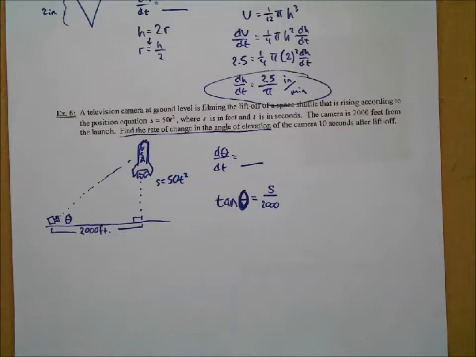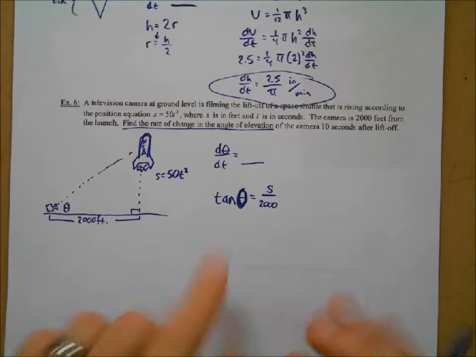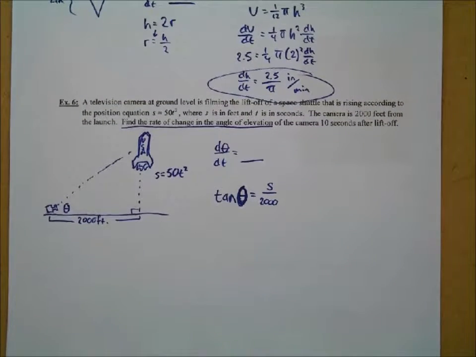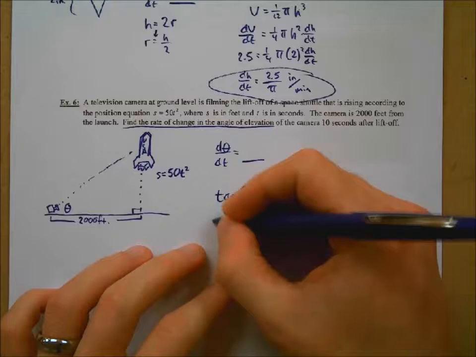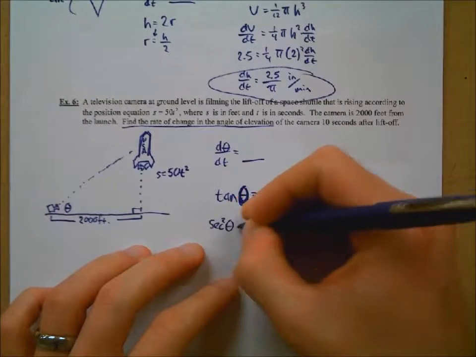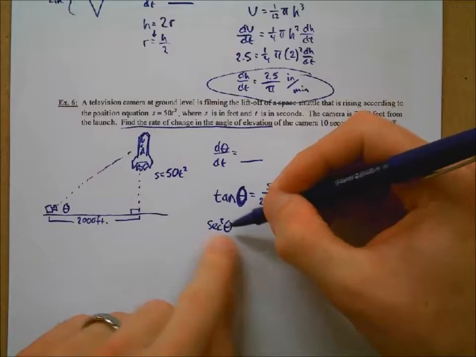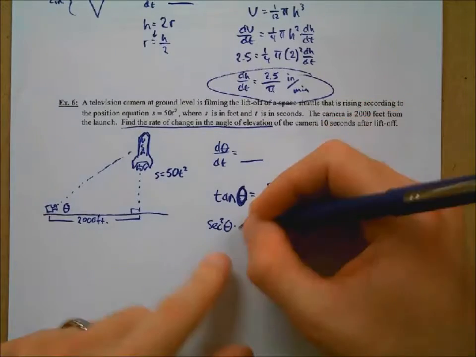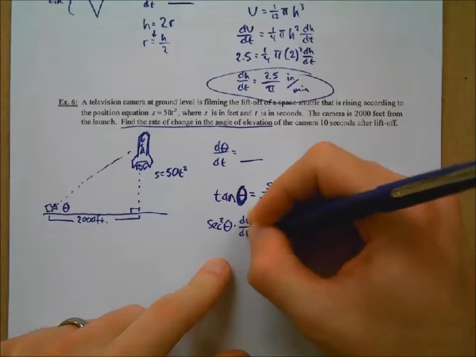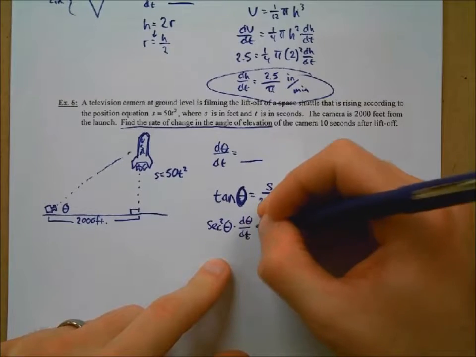Okay. So tangent of theta, what's the derivative of tangent? Secant squared theta times, remember we're differentiating with respect to t, so secant squared theta times d theta dt. Yep, don't forget that implicit differentiation we're doing here because it's always with respect to time.